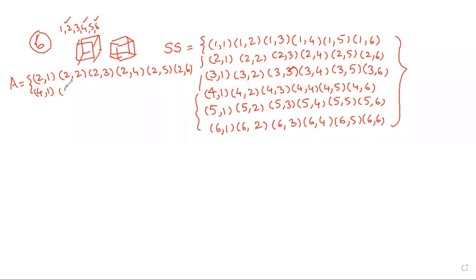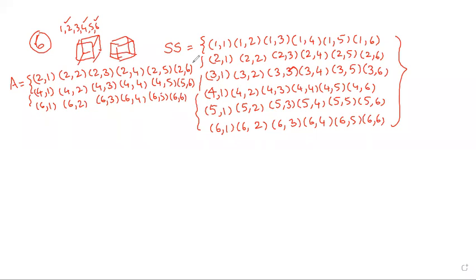The second place can be any number: 4, 5, 6, no objection. The last even number is 6 comma 1, 6 comma 2. The first die is even and the second die has no objection: 6 comma 5, 6 comma 6.